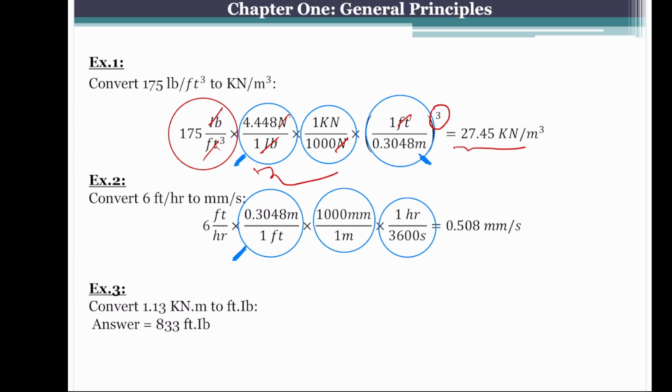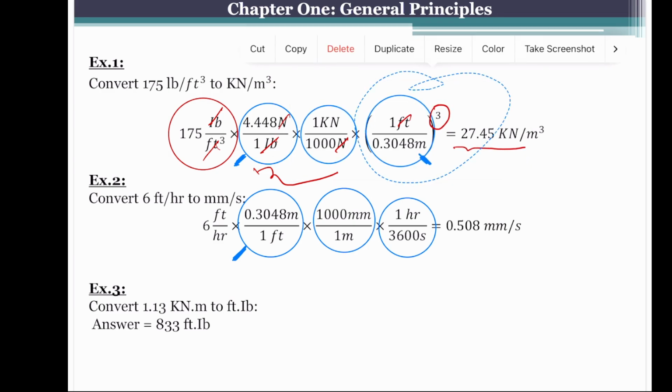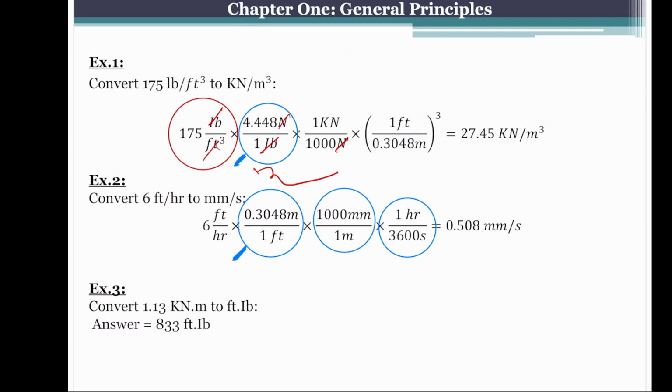If you pay attention to this, it's very interesting, so let's talk about it for a second. We had the foot in the upper part of the fraction and this in the lower part, because here we want to get rid of the foot.